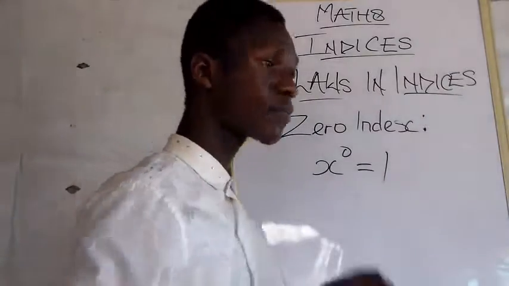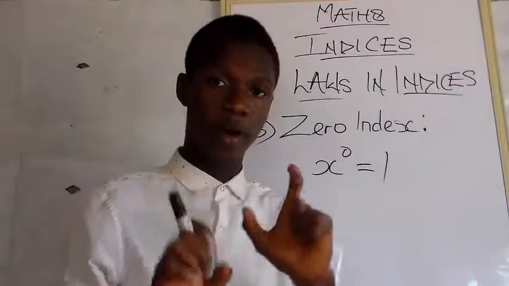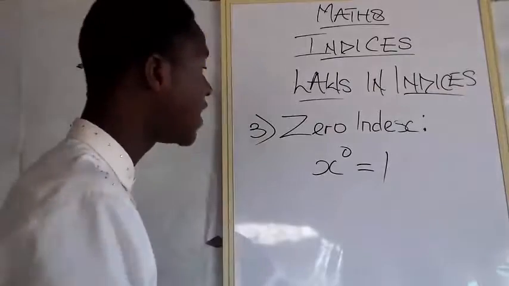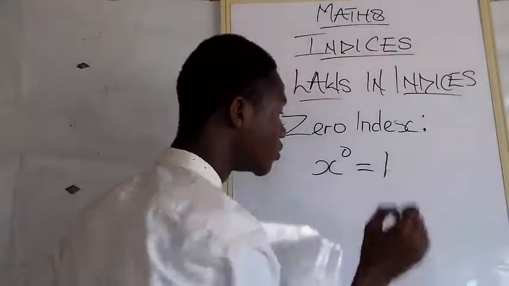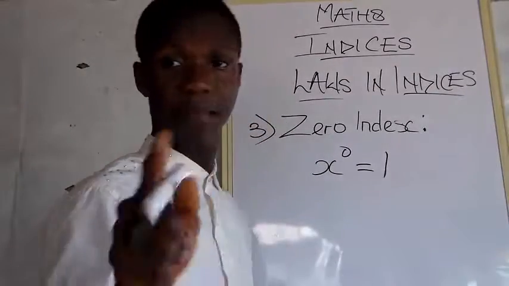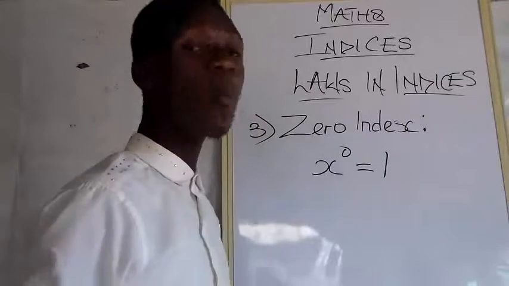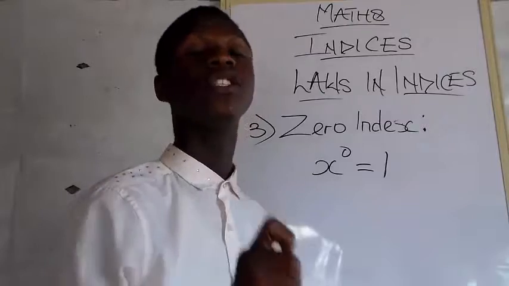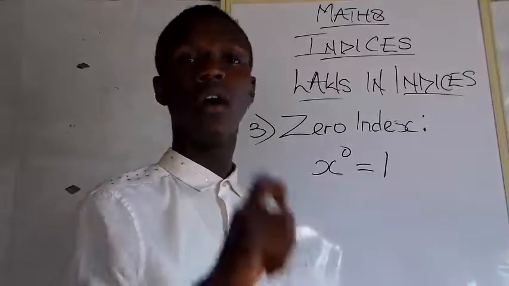Whenever a number is being raised to power 0, your answer is always 1. Put that in the back of your mind.